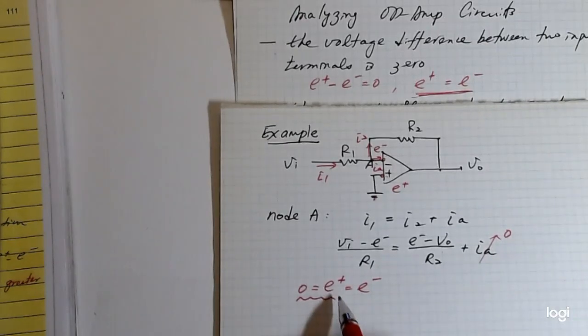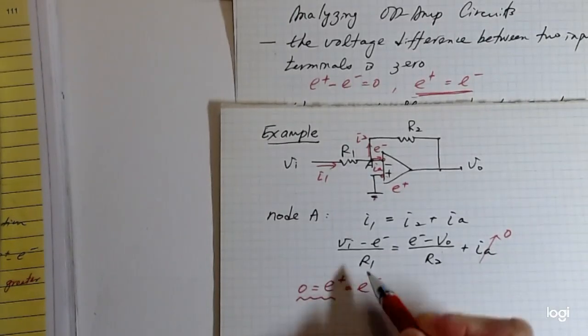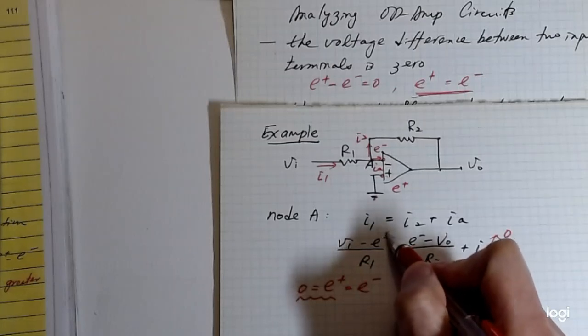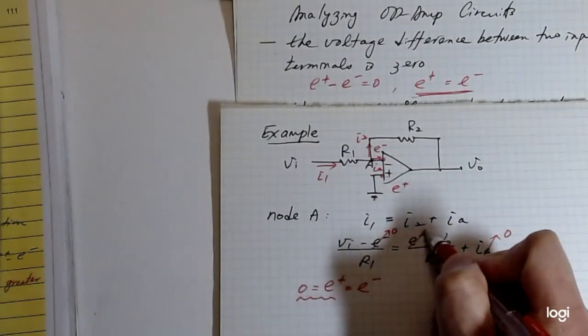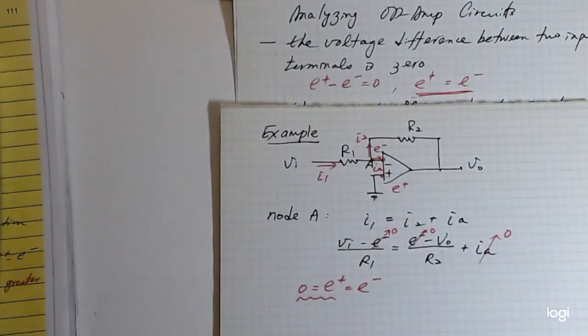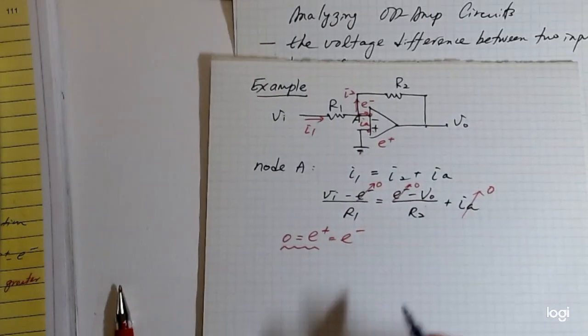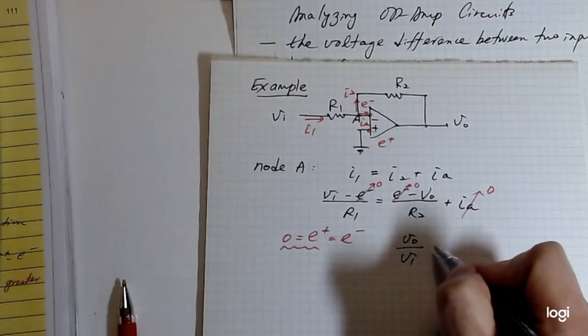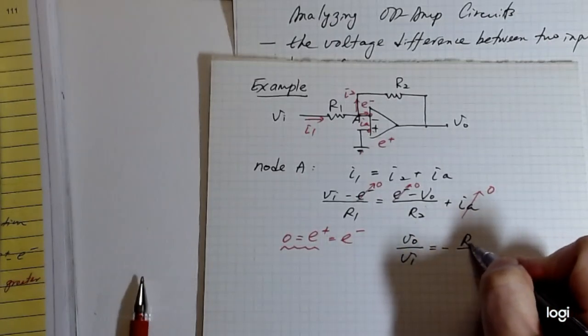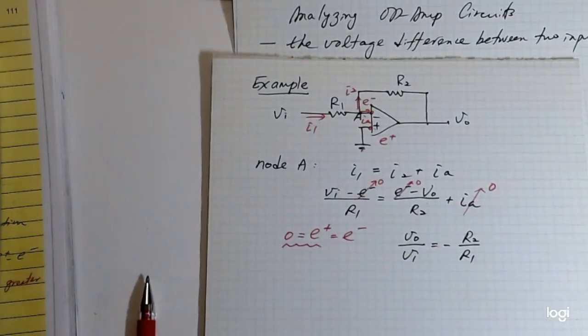In other words, E negative is also grounded, so it's 0. We simplify this, and we get VO over VI is minus R2 over R1.